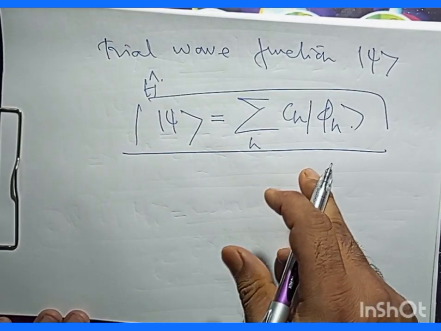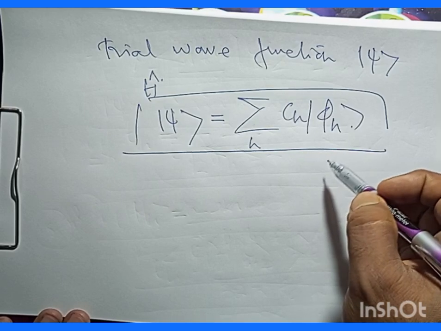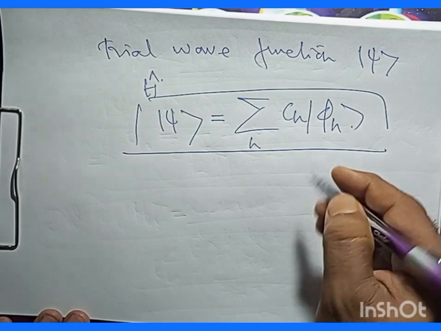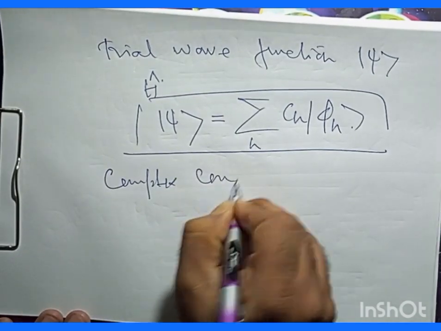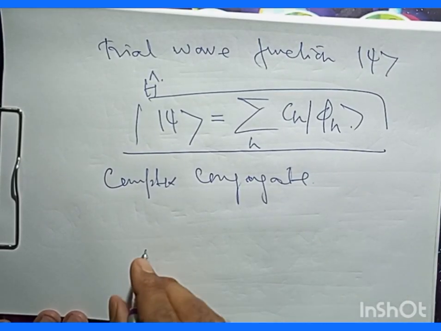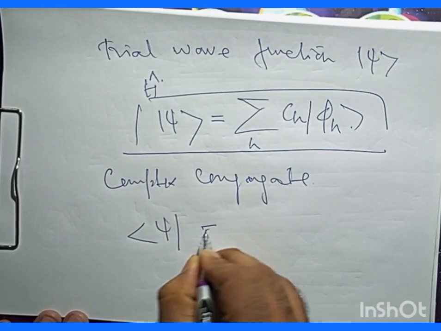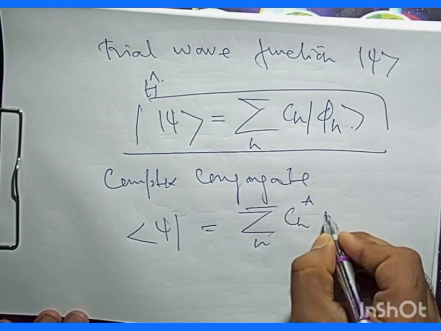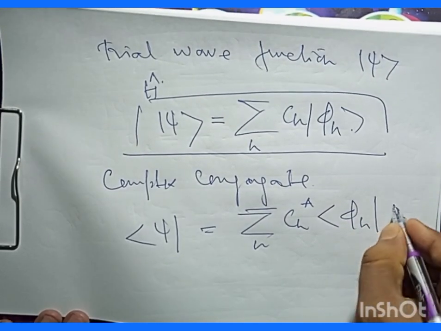Now, this Cn is the coefficient of all the different states that have been considered. If I take its complex conjugate, this ket will transform into the bra, so we will have the sum over n of Cn star, and the bra of phi n.